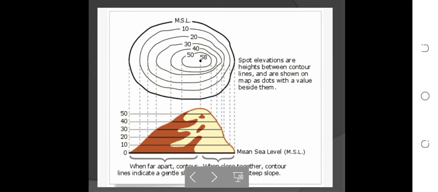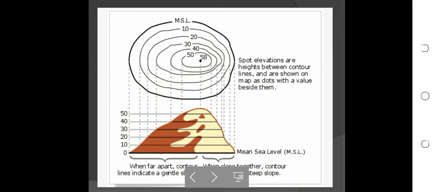Because if you see the mountains, the lower side is larger, but the top part is very small. So as you are drawing the contour lines, remember that the outside will have less height, but when we go to the middle, it will be more height.